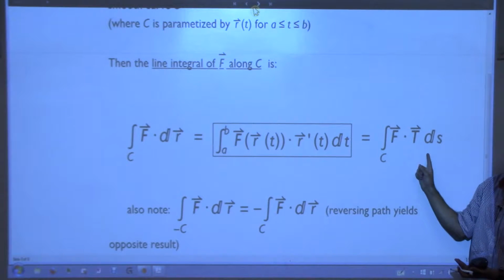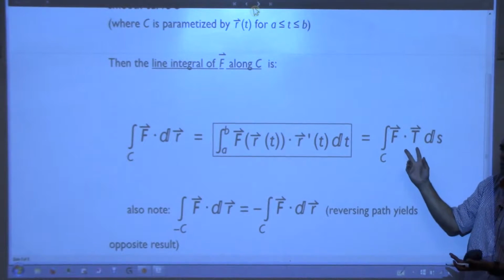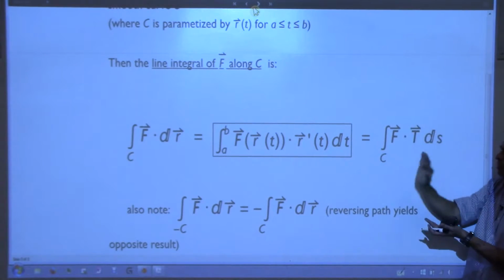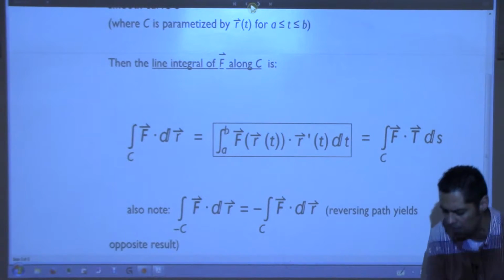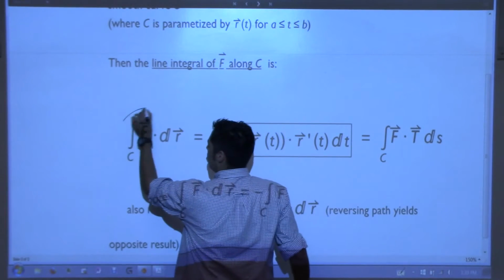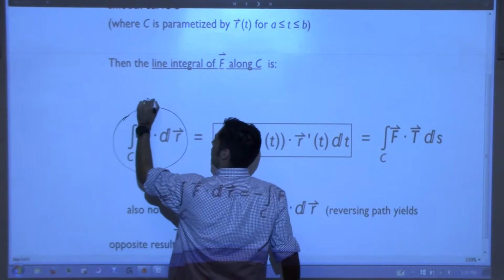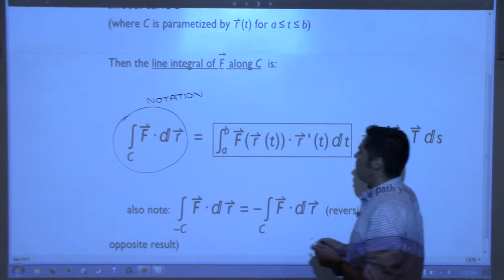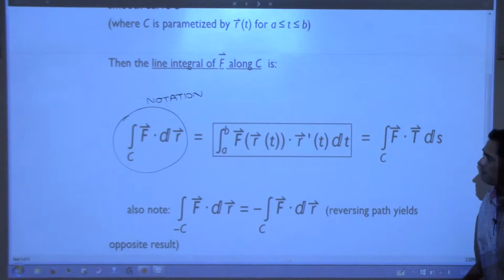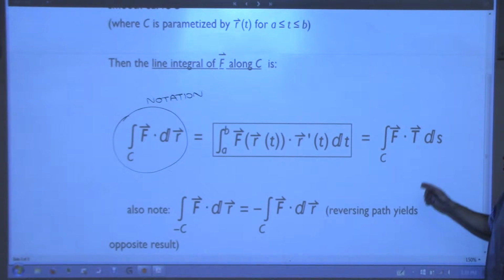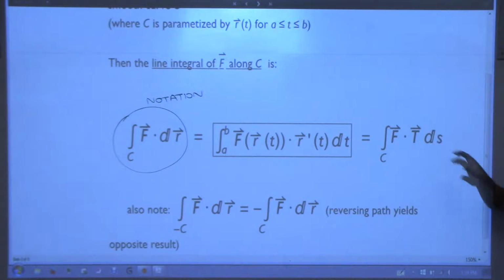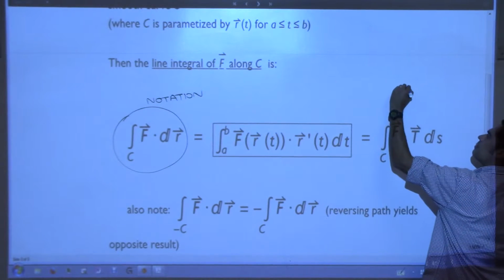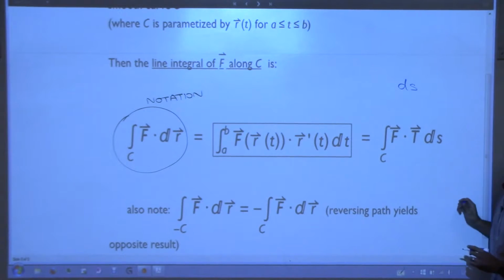This is where it came from, isn't it? That's the idea of scaling the tangent vector and all that. But this over here is the new notation for it. What I want you to see from this is, do you remember how ds before, little s, represented the arc length? So it was the square root of all that junk.